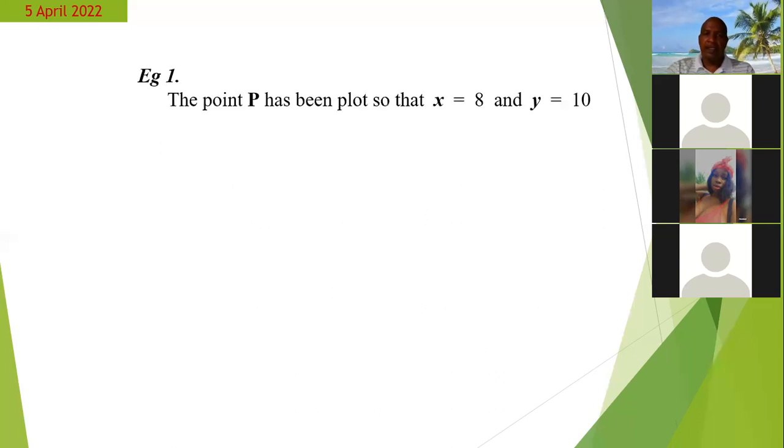So here we have a point P, and we want to plot this point P so that x is equal to 8 and y is equal to 10.